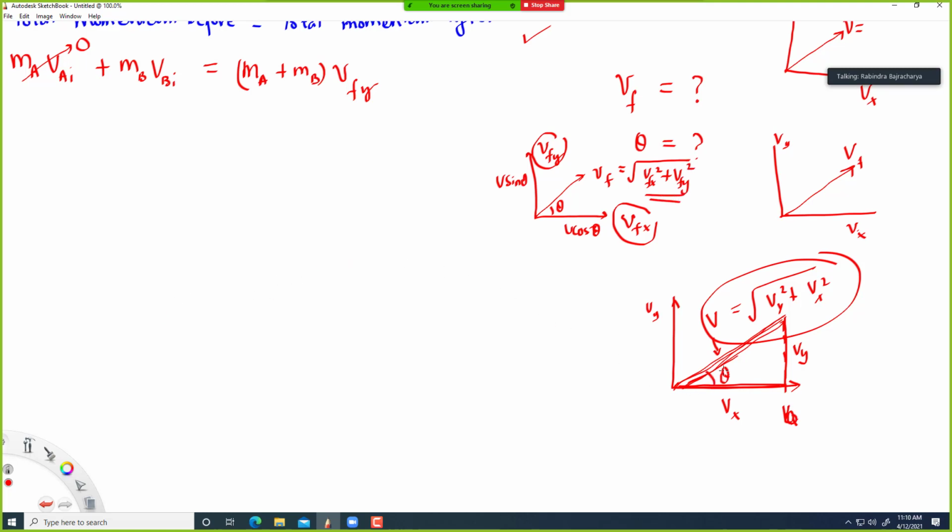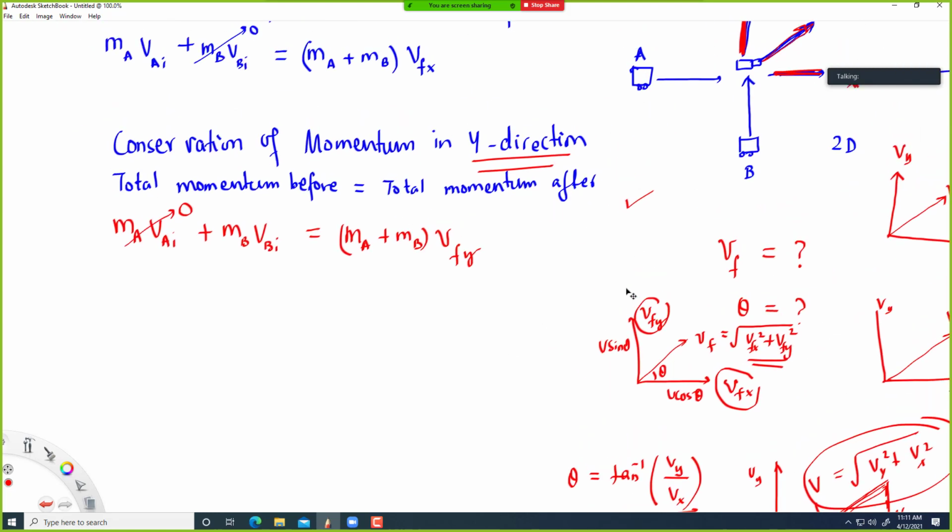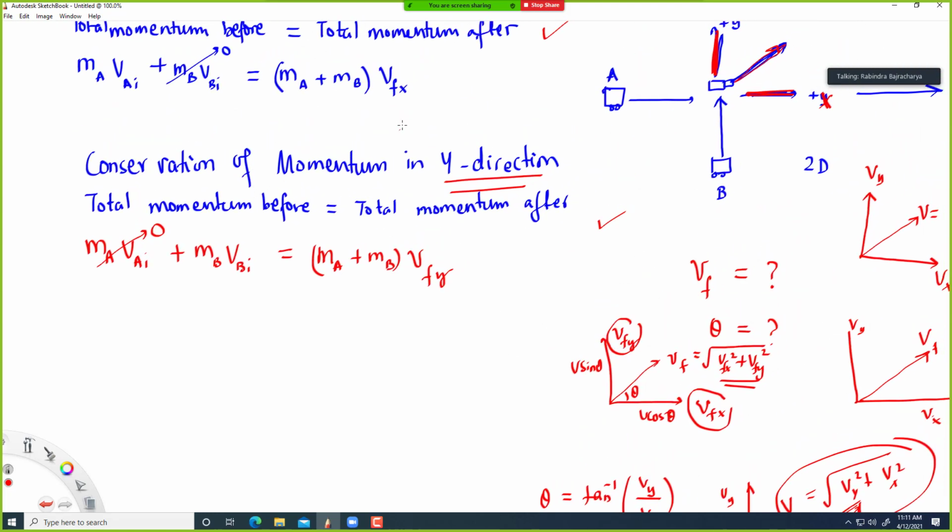This angle, theta, is tan inverse of y component over x component. Okay, that's what we want to do. So let's find Vfx and Vfy. So we want to find this and that. So plug in the numbers.